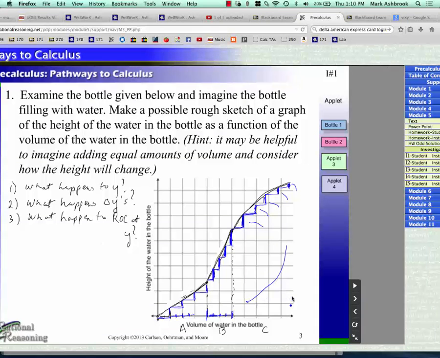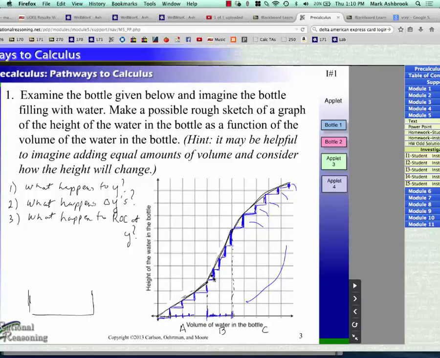Okay, so now if we wanted to draw this bottle, how would we draw this bottle? So part A of the bottle, what will it look like if equal changes in water give us equal changes in height? Yeah. Okay?